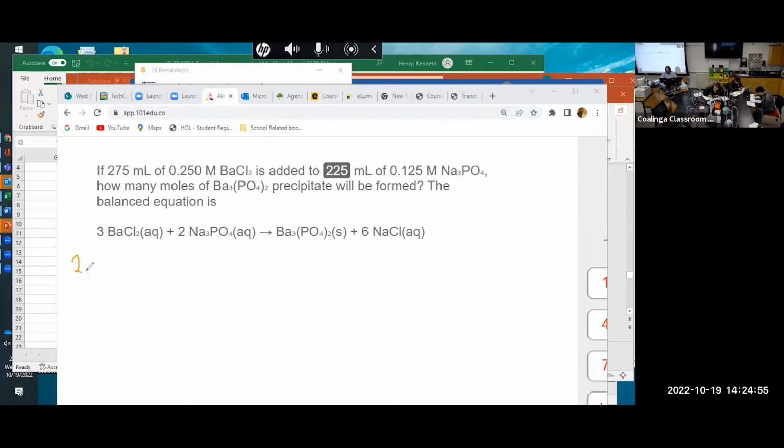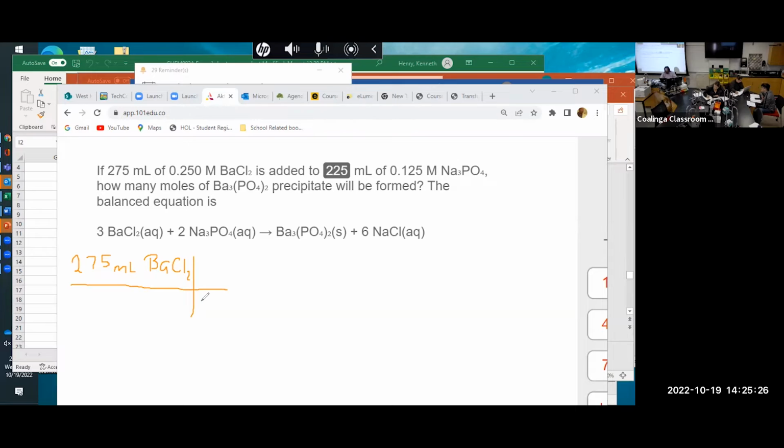So we have 275 milliliters of barium chloride. We know we have to change milliliters into liters because we know that molarity is, what are the units for molarity? Moles over liters. So we need to change our milliliters into liters.